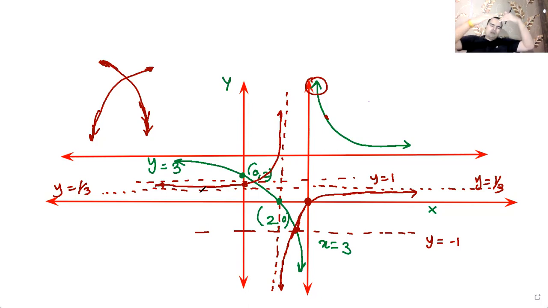So it will never go below y equals 1/3, because the function had a maximum at 3. You could see that the maximum was 3. Now for the reciprocal, its minimum will be 1/3. So that's how you draw the reciprocal where there is already a vertical asymptote and horizontal asymptote.